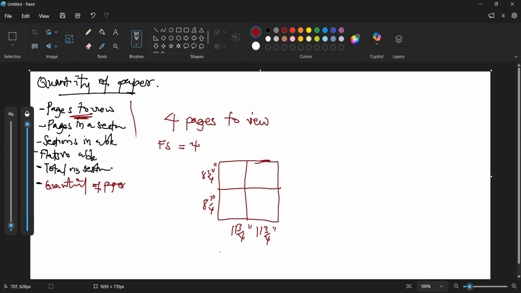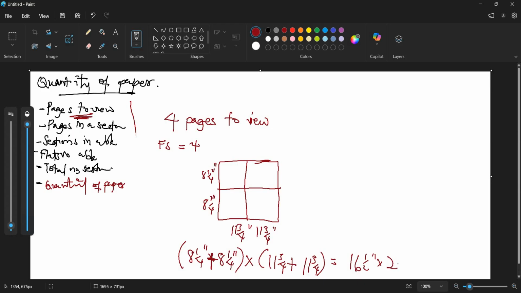So here I just summed. I bring a bigger bracket, 8 1/4 plus 8 1/4 by 11 3/4 plus 11 3/4. Then I get 16 1/2 by 23 1/2 inches.